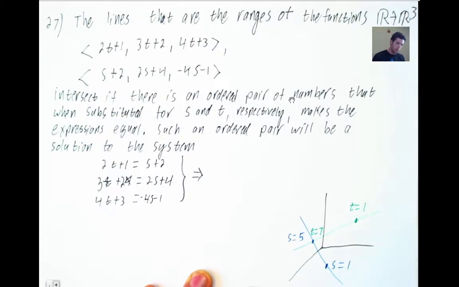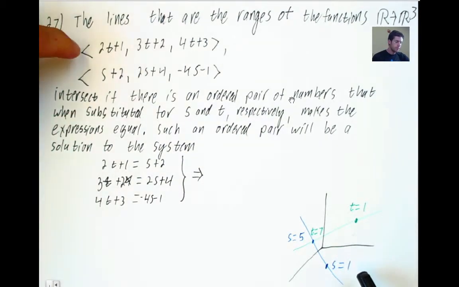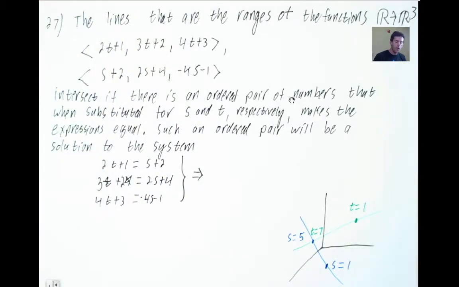I don't know. We'll find out what it particularly is, but this is just arguing that this is a possibility, that the independent variable has a different value for this function and this function at the point of intersection. So let's figure out what s and t probably are.